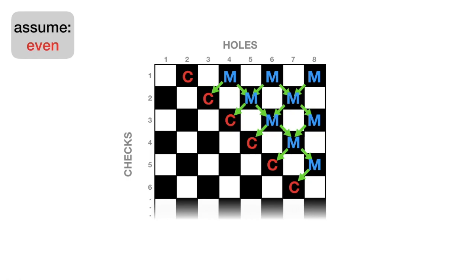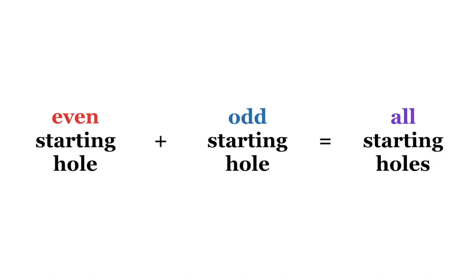Stepping back from our checkers metaphor, what this means for our mouse is that if he is an even starting mouse, he will surely be caught in 6 turns, so long as we follow the checking pattern 2, 3, 4, 5, 6, 7. That's half of the problem. Let's consider strategy for when the mouse begins in an odd starting hole.